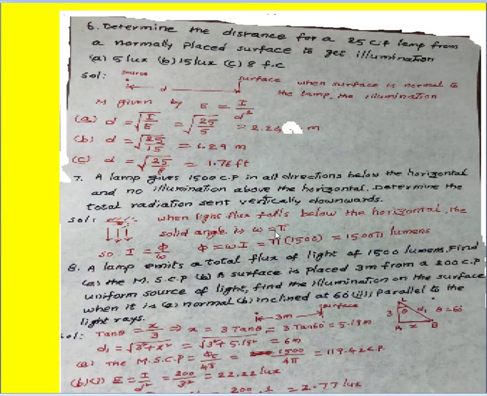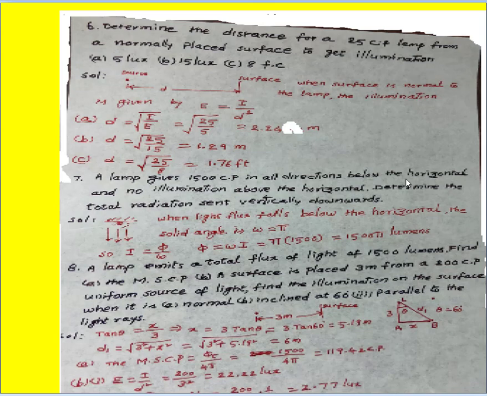We know the relation between the luminous intensity, the luminous flux and the solid angle, given by I is equal to phi by omega. Here he said the light is given in all directions below the horizontal line.